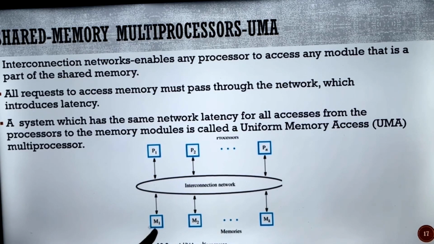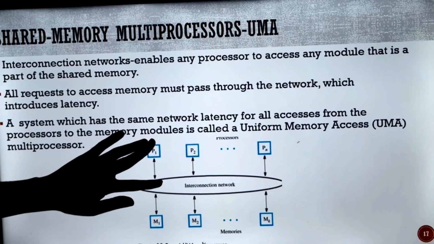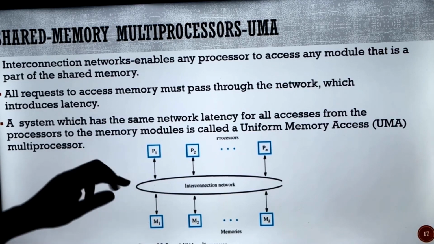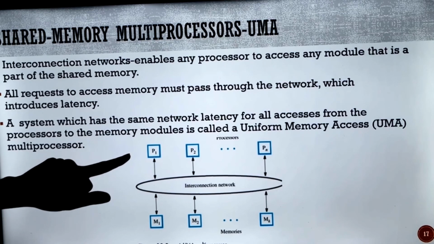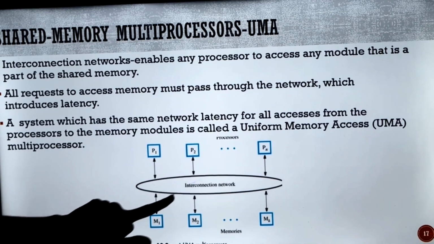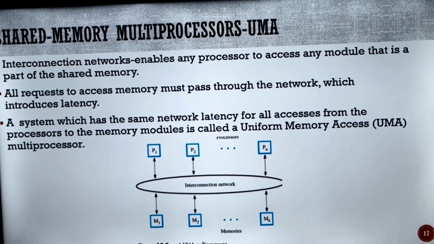It seems like that. But uniform memory access says all the processors need equal time to get any data from any memory. Meaning if one clock cycle is needed for P1 to get something from M1, for Pn also the time requirement is one clock cycle only, not more than that. The same amount of time it will take. That's why we call it uniform memory access.